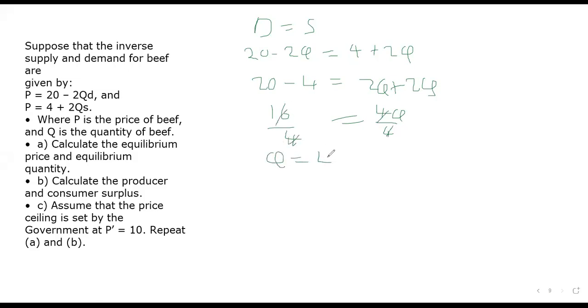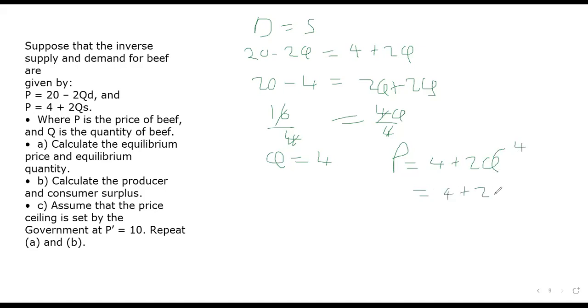And what do we do? Then we substitute it into any of the equations. So we have the price, 4 plus 2q. Where there's q, we put a 4.